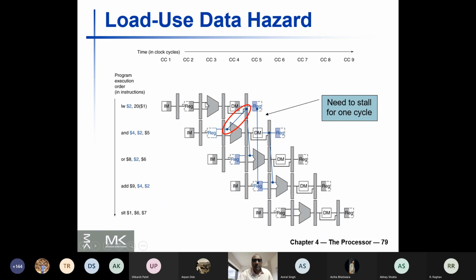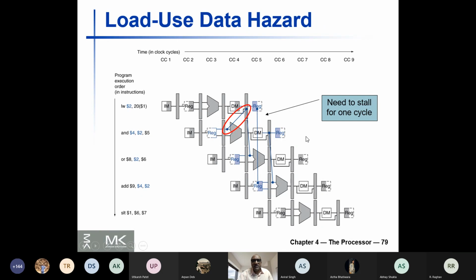If we know that the previous instruction is a load instruction, and the following instruction requires the register where the load instruction is supposed to store its value, then forwarding cannot be done, and we need to stall the pipeline, particularly this AND instruction at the decoding stage itself. If we stall it here, the AND instruction will stay here and will not be forwarded at all.